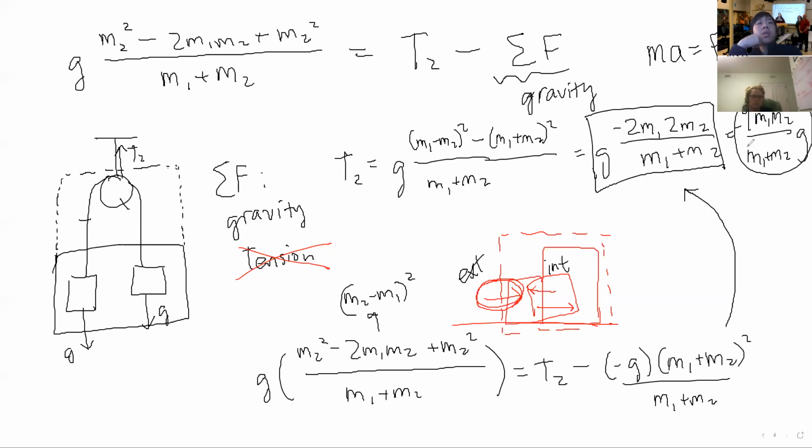So what does the minus mean? Well, it actually should be positive, but I'm pretty sure we just got our directions mixed up at some point because T2 is definitely supposed to point up. We probably got our directions mixed up somewhere in here, I'd say.